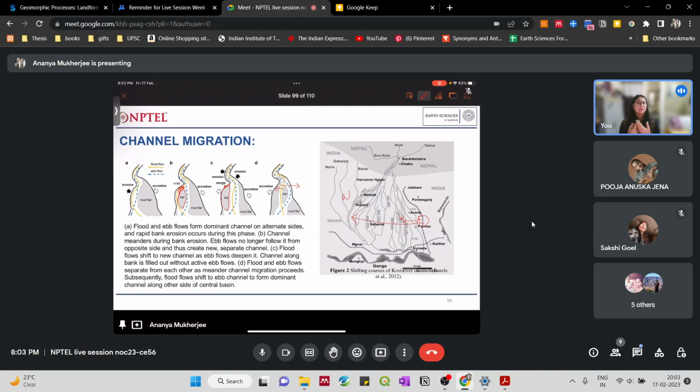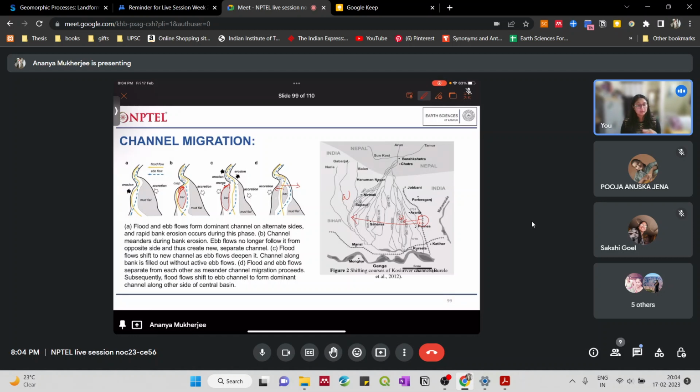Okay, and then due to a balance of erosional and depositional processes, you have point bars forming, you have levees forming, then you have meanders forming, oxbow lakes forming. Okay, and then you have depositional features. So obviously point bars and levees are also depositional features, and then deltas, alluvial fans, flood plains. Okay, these are all depositional features.